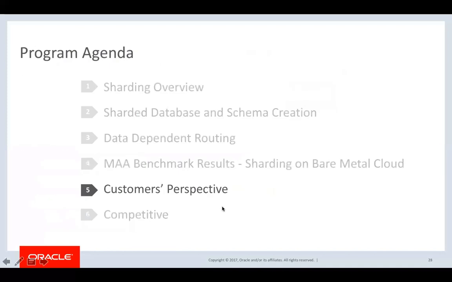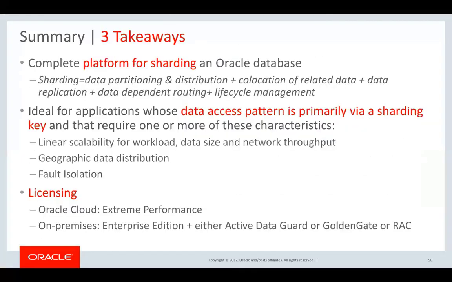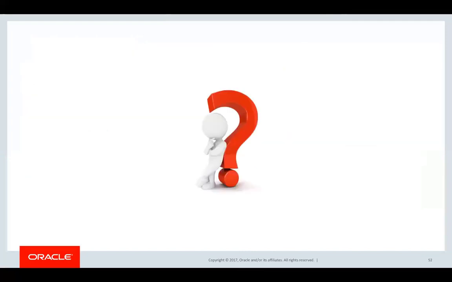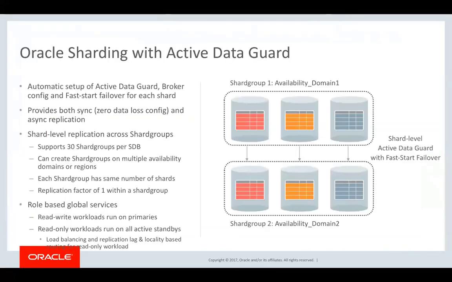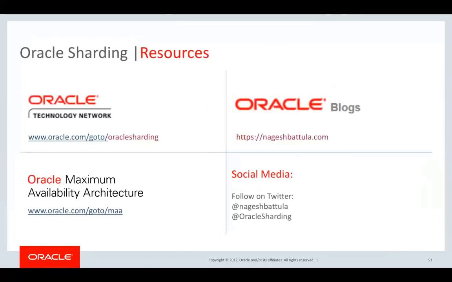So if there are no questions, there is one thing that I would definitely want to bring to your notice, which is the information that you may want to access. For other resources, we strongly recommend you go to the OTN sharding portal, oracle.com, Oracle Sharding.